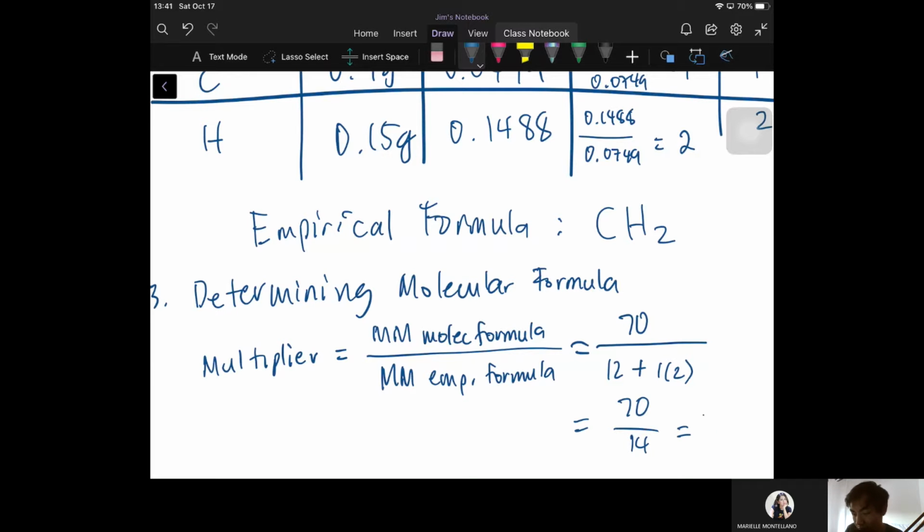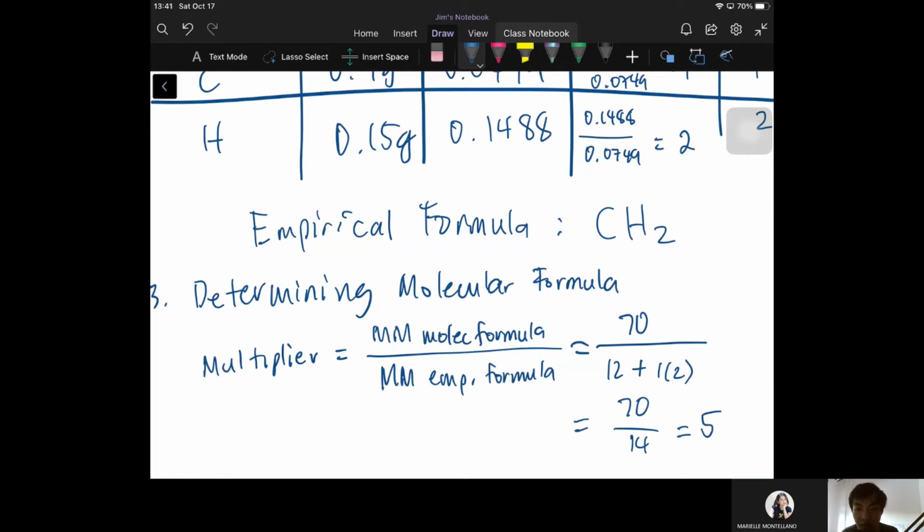That's 5. Okay? So the multiplier na gagamitin natin for our empirical formula to be molecular formula is 5 na. So ano gagawin natin sa 5, no? I-multiply mo 'yon sa subscript. So itong C maging C5 na 'yan. Itong H2 maging H10.